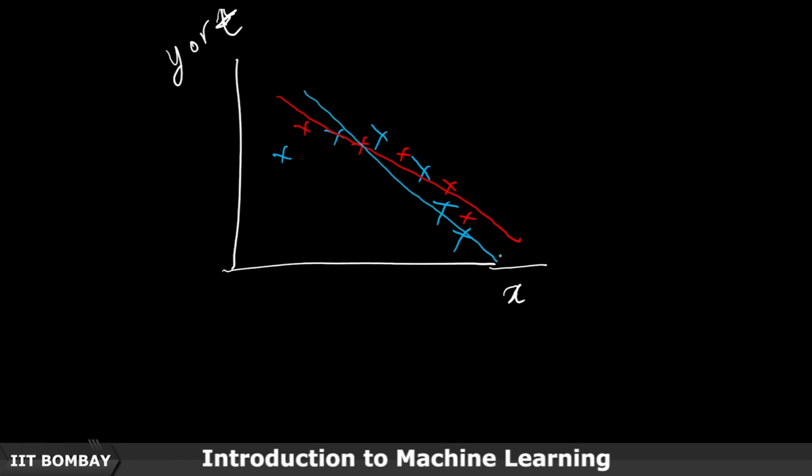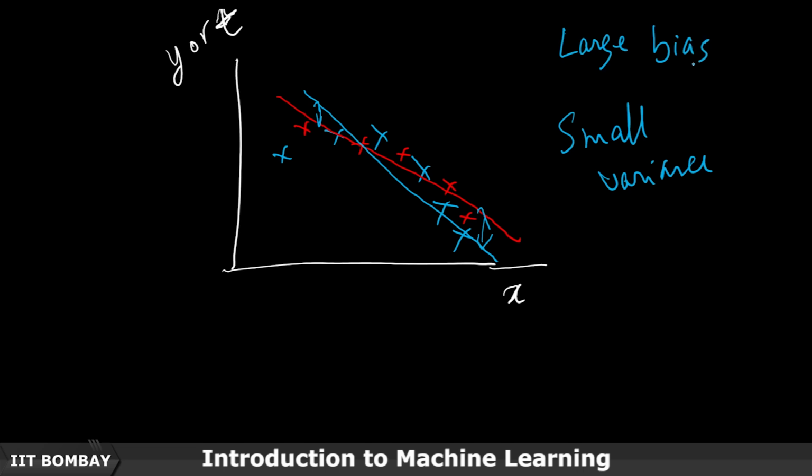However, because it's a simple model, how much the value of y varies between two different models is going to be small. So we will have a small variance. But then the line may not fit the points very well. It may not come close to the points very well.